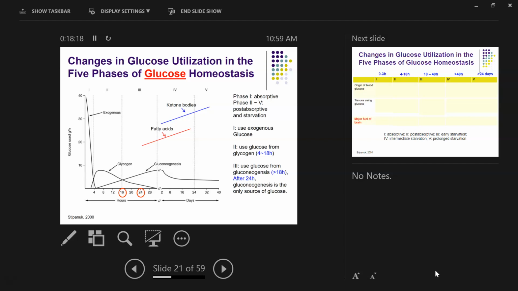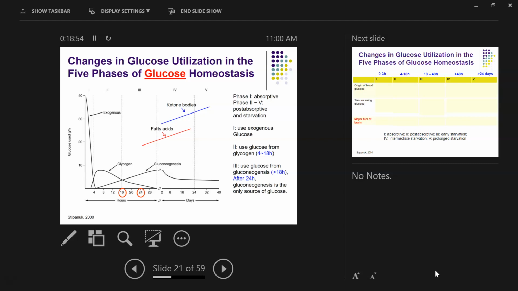For example, the first stage or phase is the absorptive phase, meaning 2 to 3 hours after a meal. And then the second, third, fourth, and fifth phases are considered post-absorptive phase. These phases are actually defined by the time after a meal or starvation.